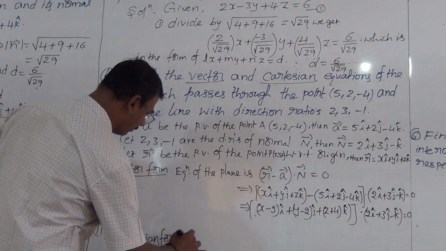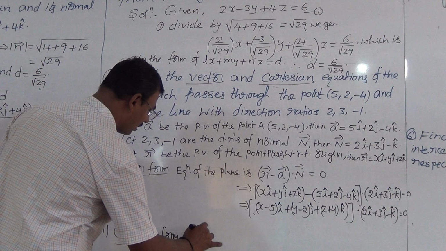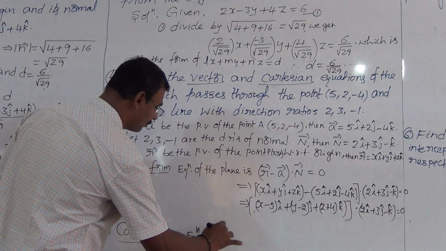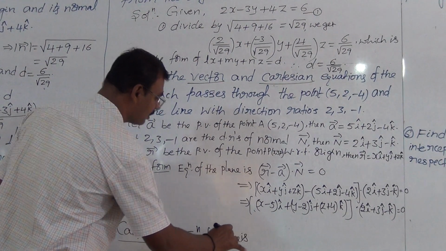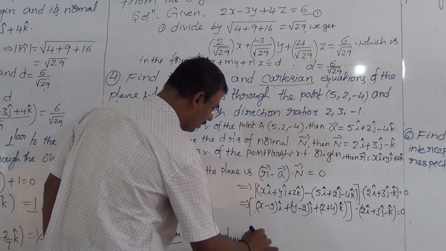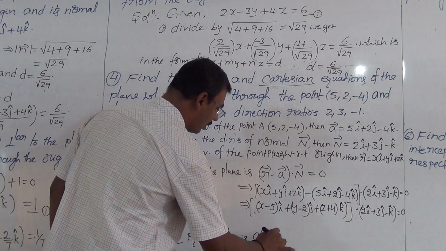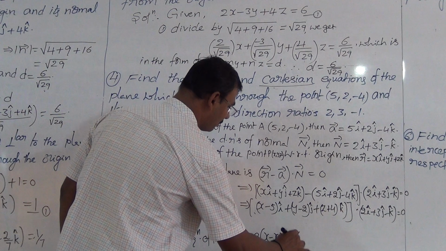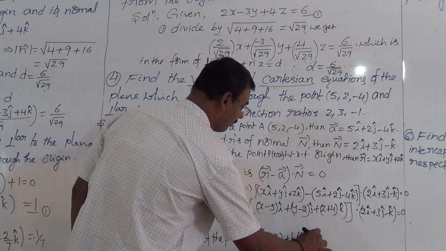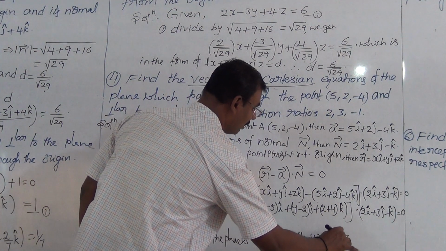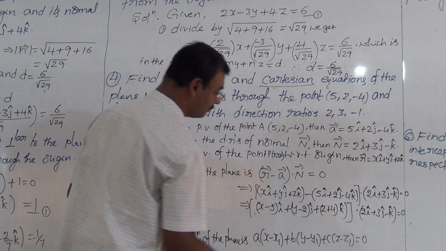So I am writing the equation of the plane: a into (x minus x1) plus b into (y minus y1) plus c into (z minus z1) is equal to 0.